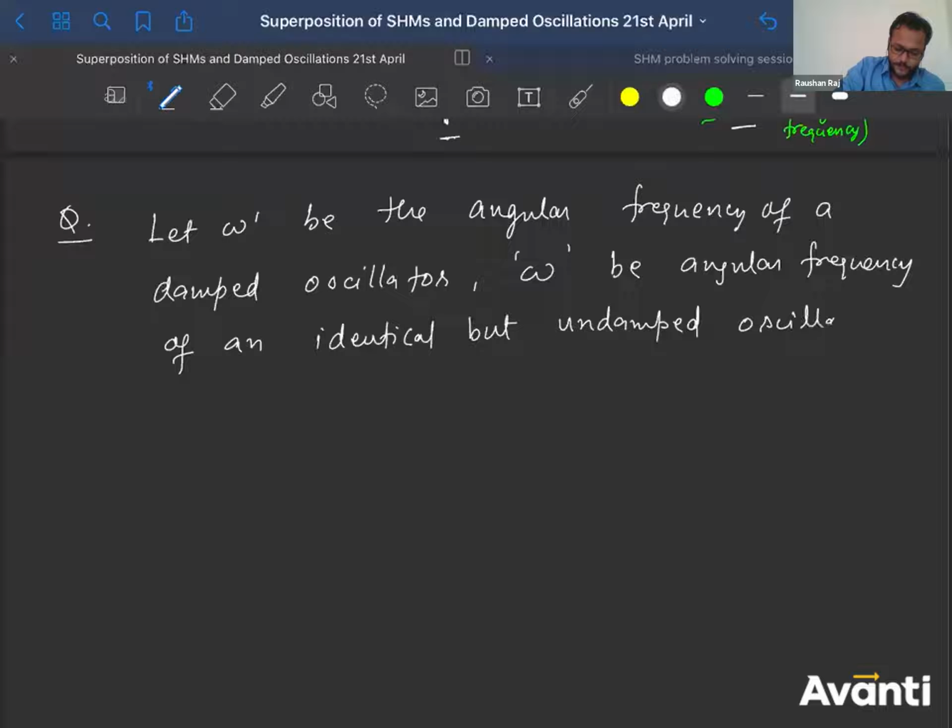Okay? So omega dash is the angular frequency of a damped oscillation. Omega is the angular frequency of an identical but undamped oscillation.